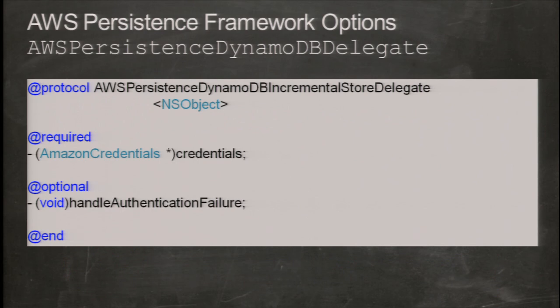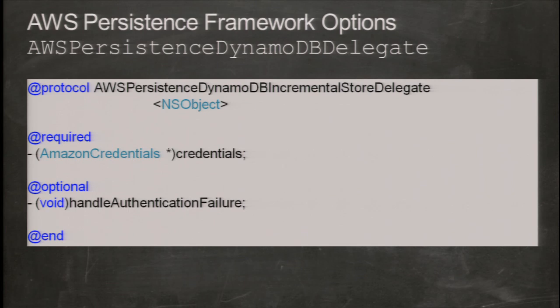Next, we have the AWSPersistenceDynamoDBDelegate option, and this is another really important option for the function of the AWS Persistence Framework. Unlike the DynamoDB Mapper for Android, for which we provided a low-level client, the AWS Persistence Framework creates one for us. And in order to do that, it needs credentials.